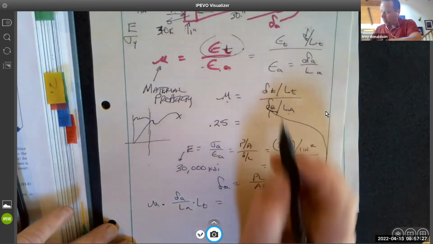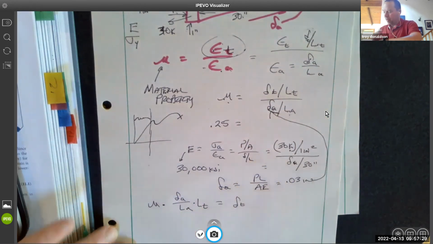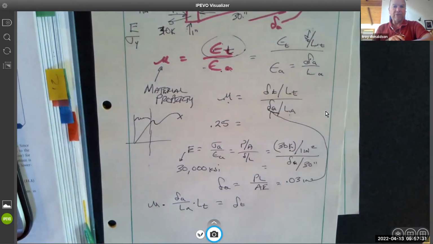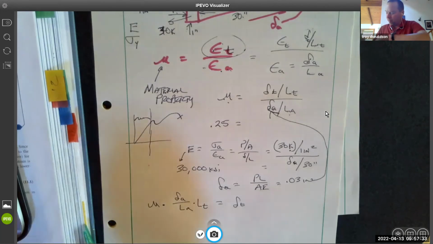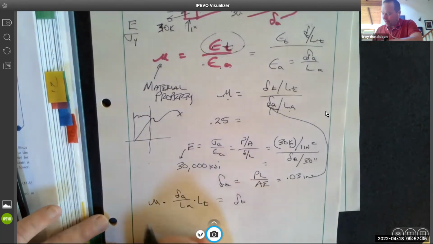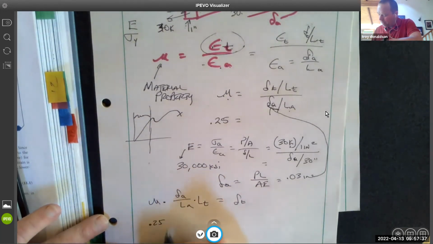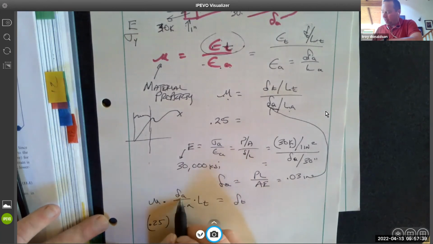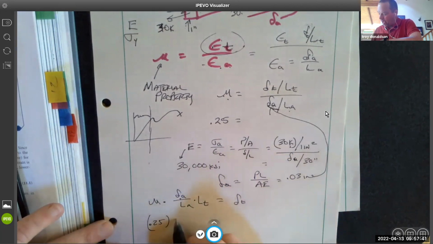And all that is equal to, all right, so that's what it solves out to. And then I just stick numbers in. This is 0.25. This I just calculated at 0.03 inches.